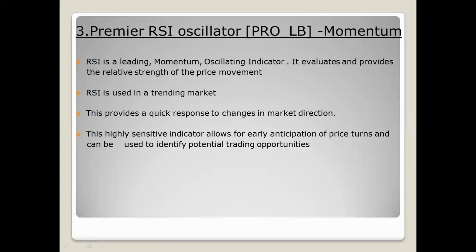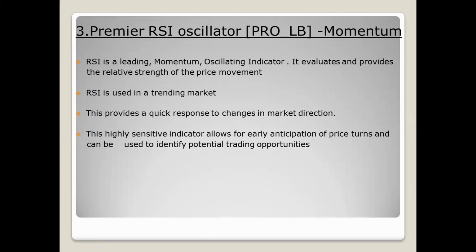I think I have 10 more minutes left. So this is the third indicator. Premier RSI oscillator is a momentum indicator. RSI is a leading momentum oscillating indicator. It provides the relative strength of the price movement. RSI is best used in a trending market.